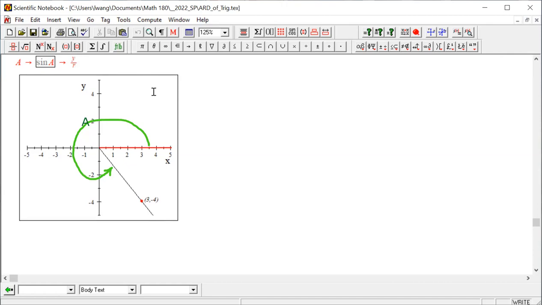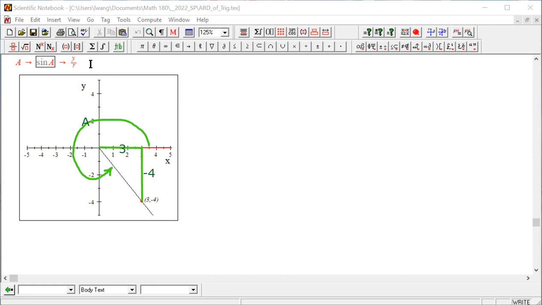And what is y? This point is 3, -4, and it tells us what is x. X is a horizontal measurement, and y is the vertical measurement. So the horizontal one is 3, the vertical is -4.